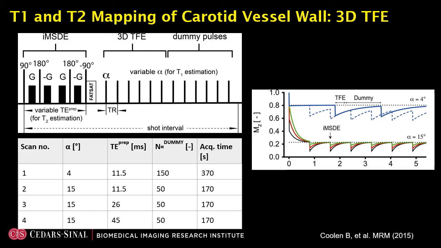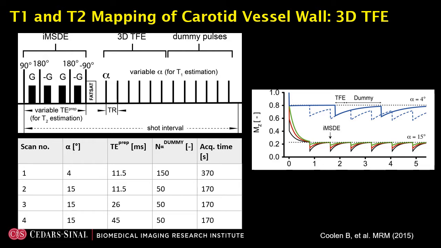The work by Cullen et al. showed the feasibility of a simultaneous T1 and T2 mapping in 3D using separated gradient echo sequences. So the blood suppression as well as the T2 weightings is achieved by an iMSDE pre-pulse complex, and subsequently the acquisition is performed using a segmented spoiled gradient echo readout.